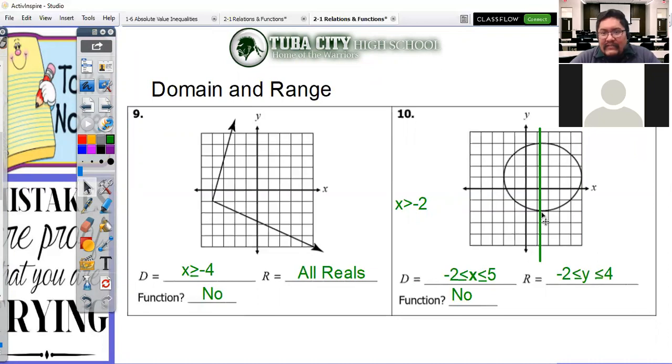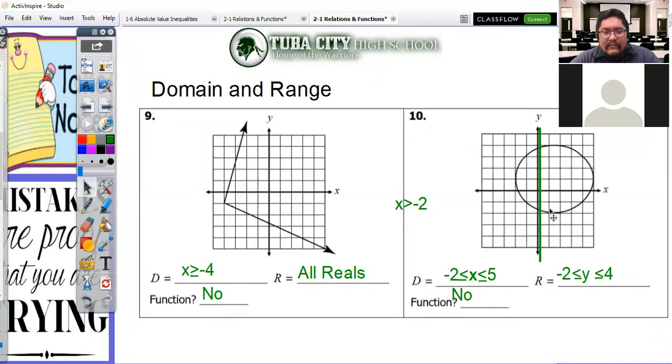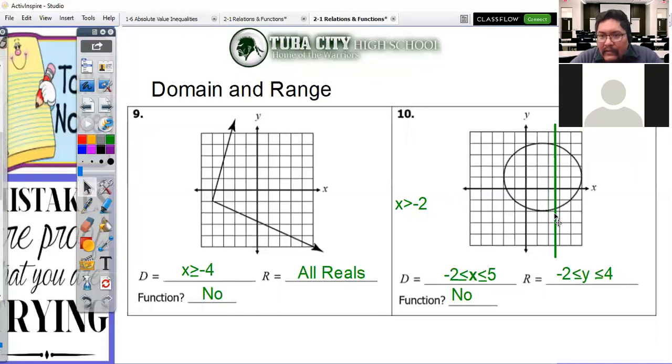You cannot have your x values repeat. So if I move the line here, if I go over 4, up 3, but I can also go over 4, down 1, and that causes me to have 2 x values at 4. And that's just an example. It's going to be that whole way, all the way through the figure. It's always going to be like that. So it's not a function.